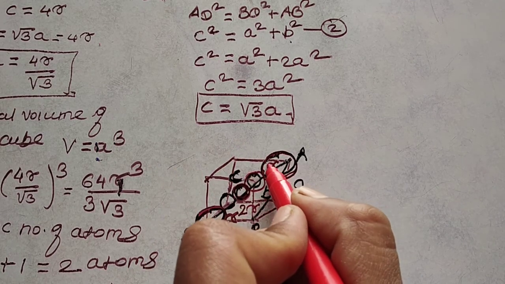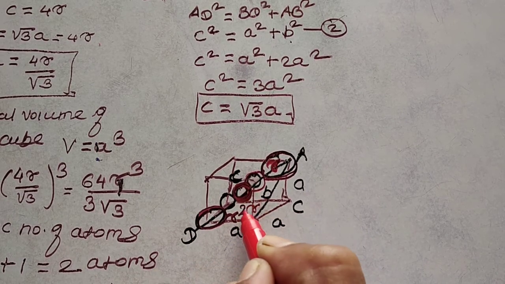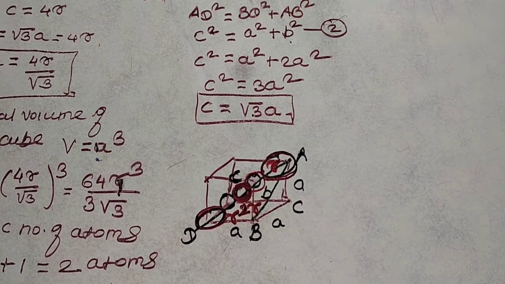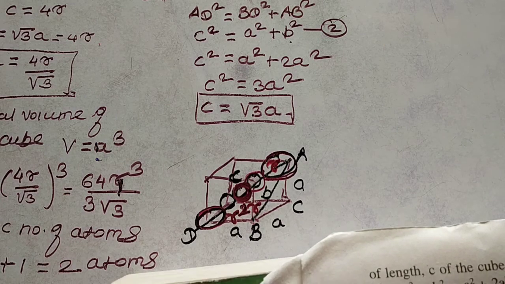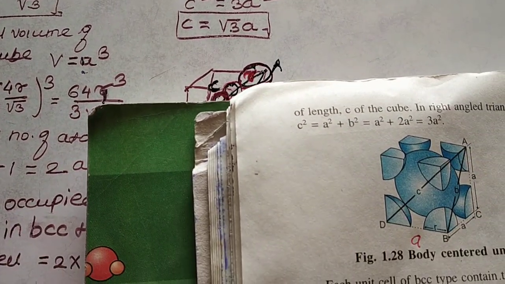Okay, you can see here this is r, for this atom 2r, and for this atom r. You can see it here the best way.